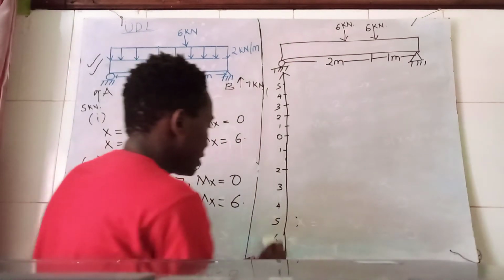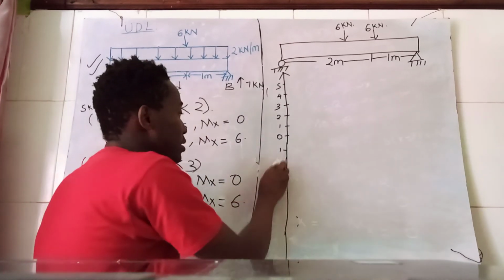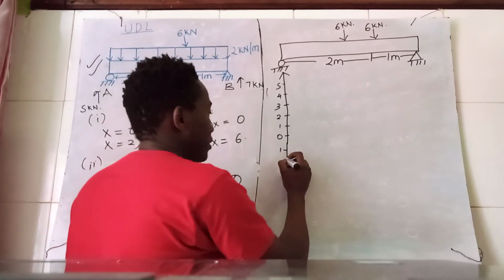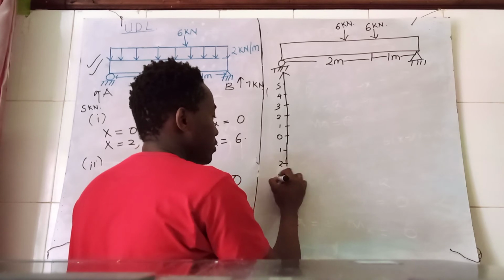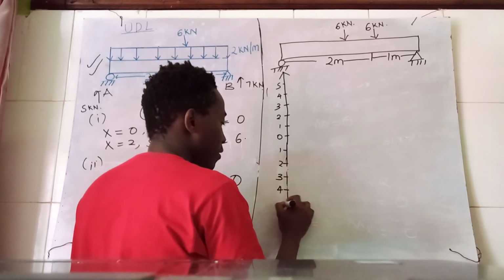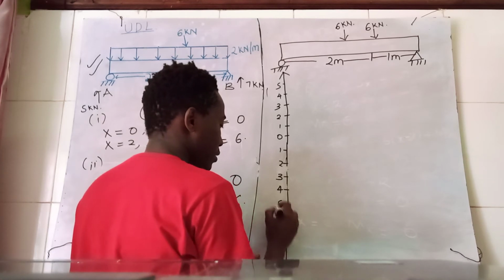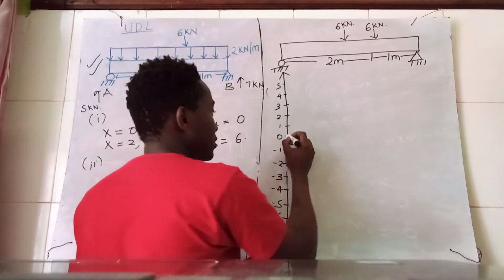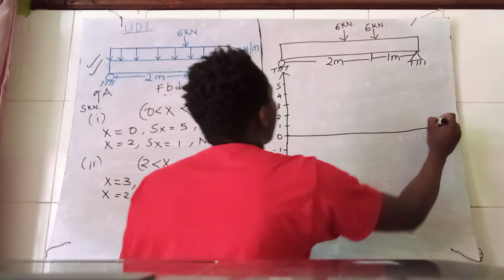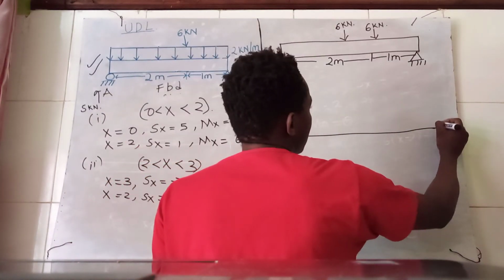Let me just write it at the top here for you to be able to see. Of course, these are negatives. Then the margin, my axis.